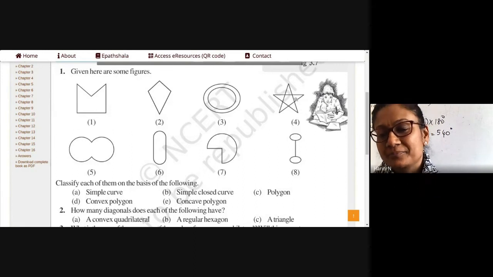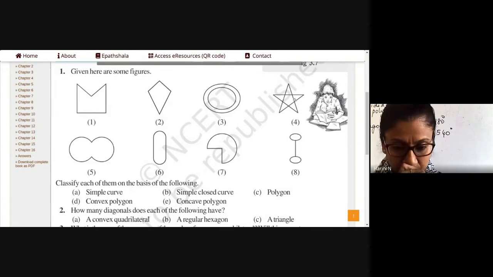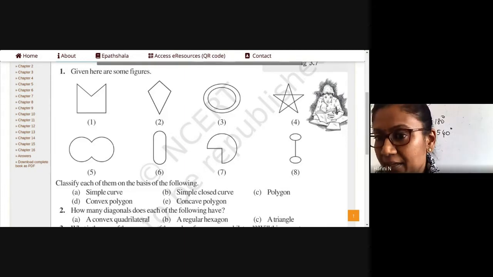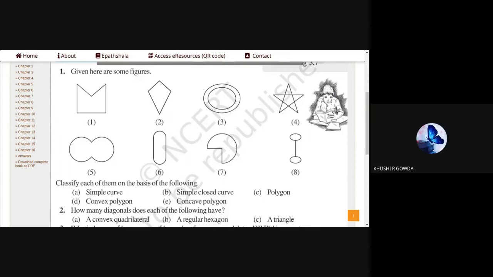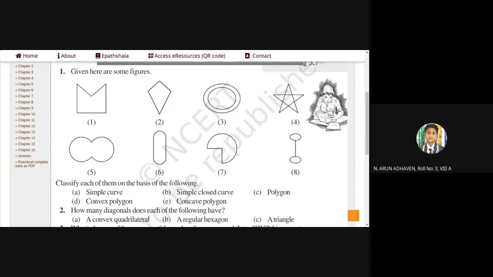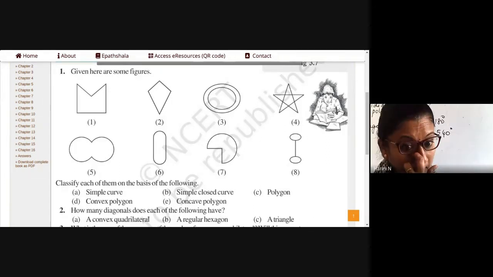Next one. Fourth one. I can't hear anybody. Fourth one. Ma'am, simple curve. Is it a simple closed curve? Ma'am, it is a closed curve.